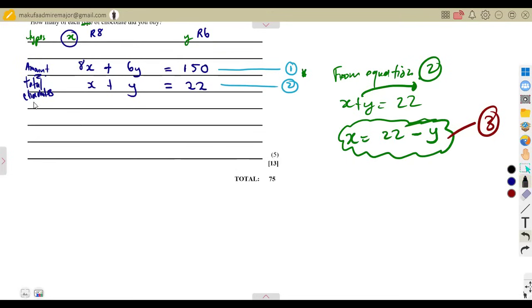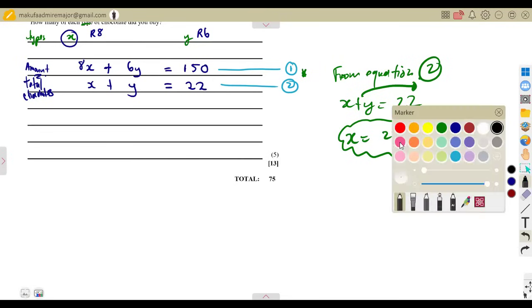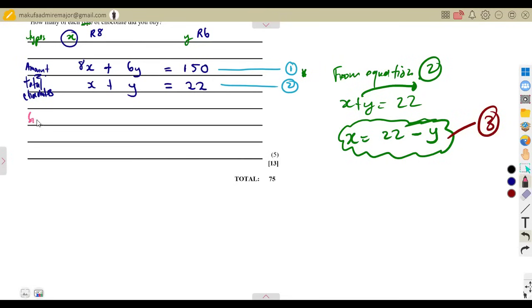Since we are using the substitution method, we are going to substitute equation 3 into equation 1.